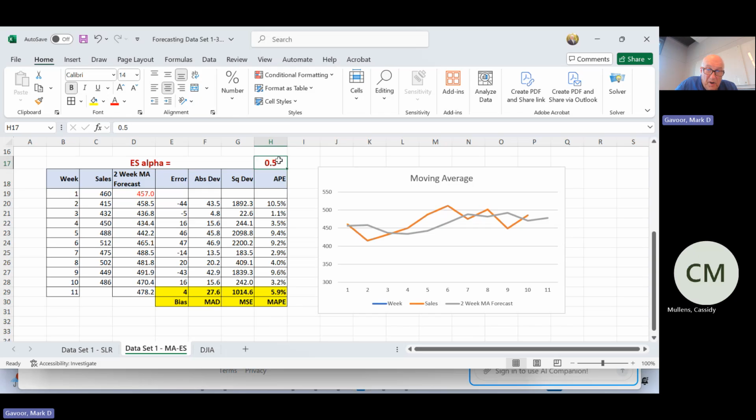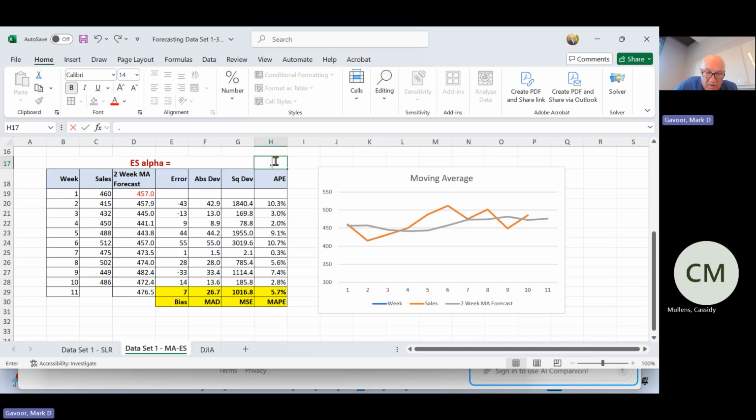My MAPE goes down to 4.9. Let's try 0.3. Oh, sorry, we did 0.3. Let's try 0.7. 6.3. So it's going in the wrong direction. Maybe 0.1 is better. 5.9, 0.2, 5.8, 0.3, 5.7. I don't think MAPE is the way to go.